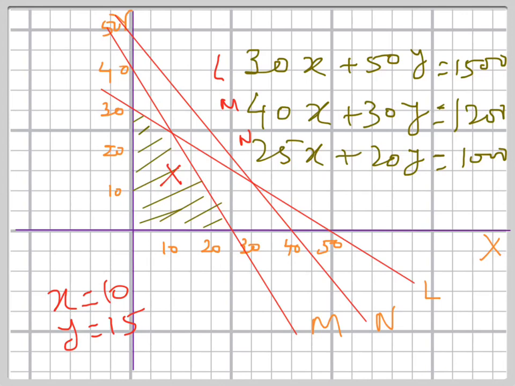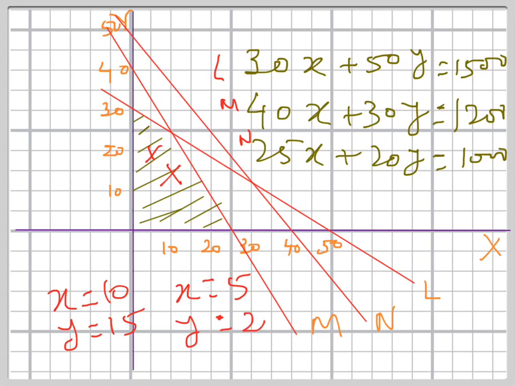Another feasible solution we can pick, maybe say here, which gives us x equal to say 5 and y equal to, here it is say, 20.